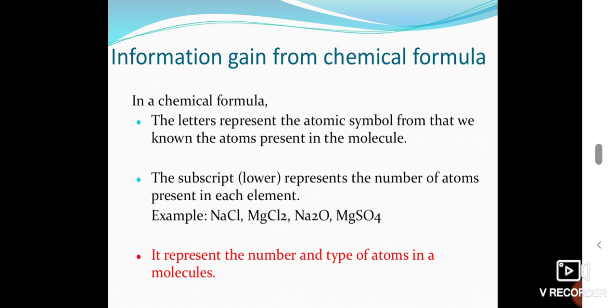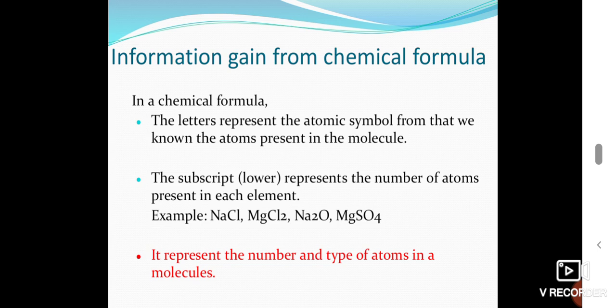And next, information. What information do we gain from the chemical formula? In the previous slide we discussed how to write the chemical formula, and we also worked out some chemical names into formulas, isn't it?